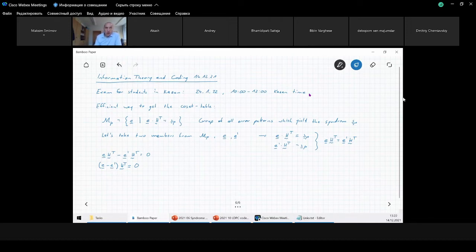Well, and we know anything that we multiply with H transpose and the result is 0 must be a valid code word, because it's again orthogonal to the columns of H transpose. This means E minus E prime must be a valid code word.